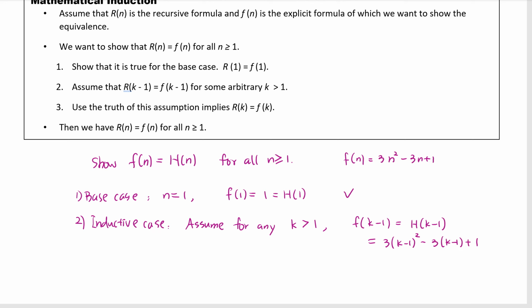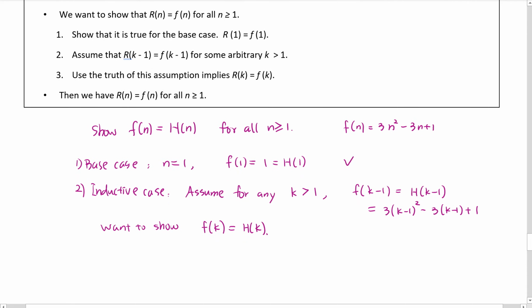And we want to show that Fk equals Hk. This is our goal. So, what is Fk? Well, Fk is replace n by k, so that's 3k squared minus 3k plus 1.